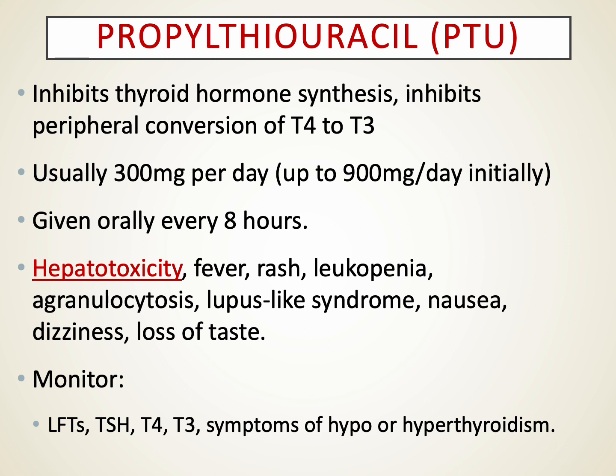The risks with it are that, among other things, it's hepatotoxic, and because of that, we're a little more concerned with its use these days, and it really becomes the second-line therapy. We do monitor ongoing patients, though: their liver function tests, certainly because of hepatotoxicity, but also the TSH, T3, and T4. You want to try to get those in a normal range while the patient is becoming less symptomatic or asymptomatic.